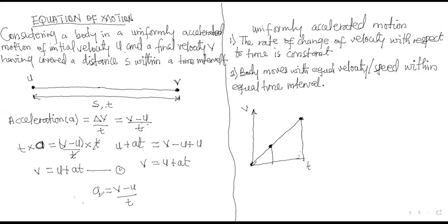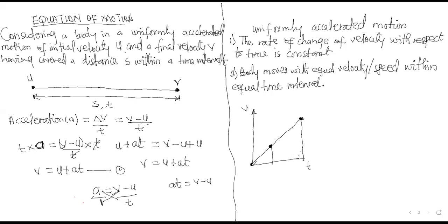So when you cross multiply, this a is of denominator 1, so you have at is equal to v minus u. When you cross multiply, this times this, and then this times this. That's how it will be. Similar to what I've done. Okay.